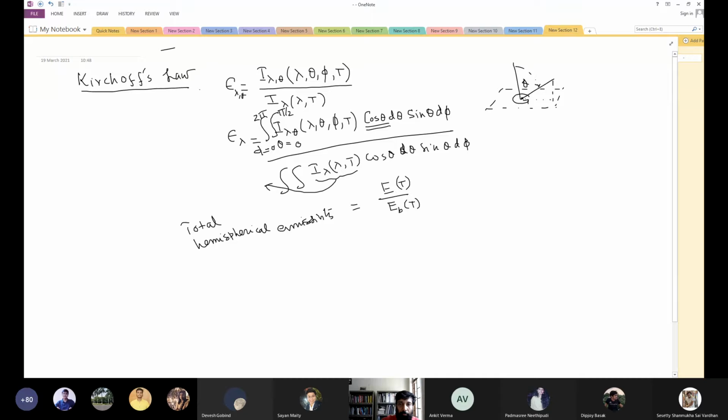And this is basically the integration of this over lambda equals 0 to infinity. So this belongs to this expression, and that is how we get the three different emissivities.